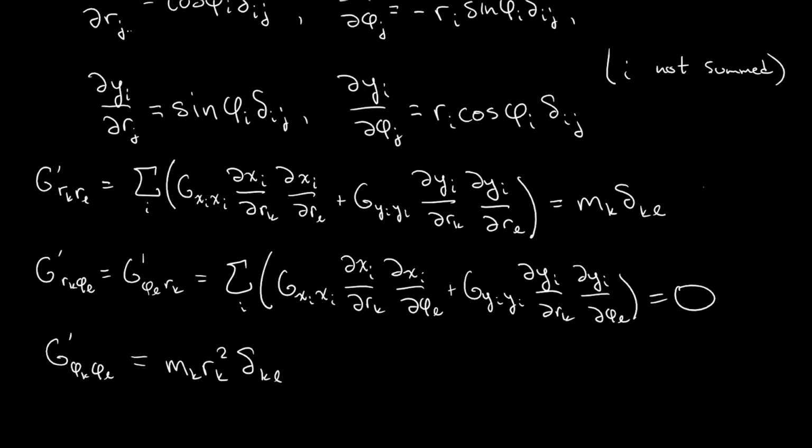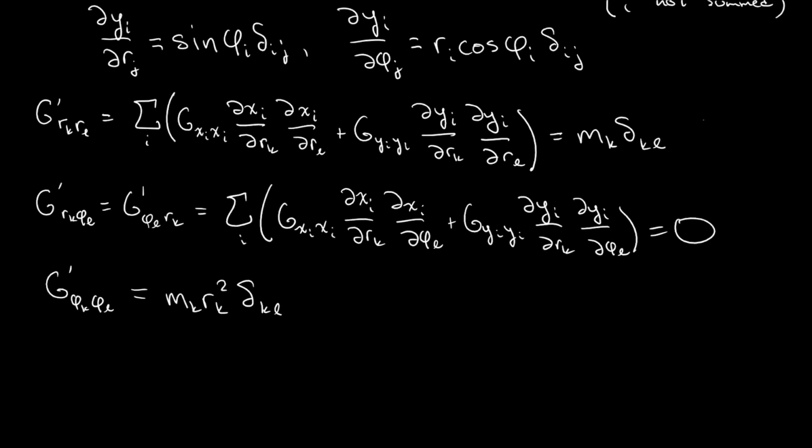So what happens? One thing that we can notice is that in the elements of G, our coordinates show up. r_k appears in our actual G matrix in this particular case. And in general, it will.